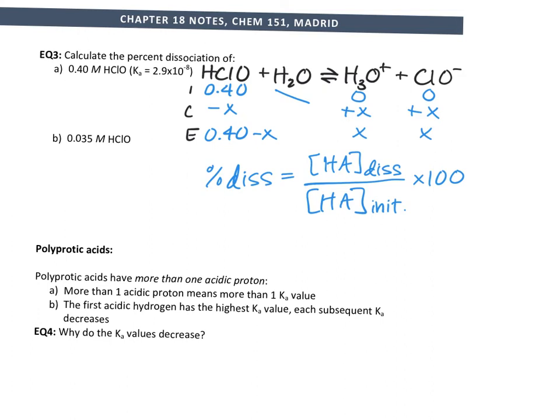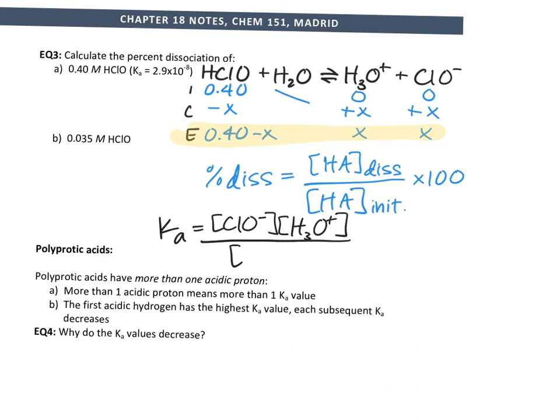Okay, so let's take this information that's found in row E, that's highlighted, and plug it in for Ka. Remember, Ka is equal to products over reactants.